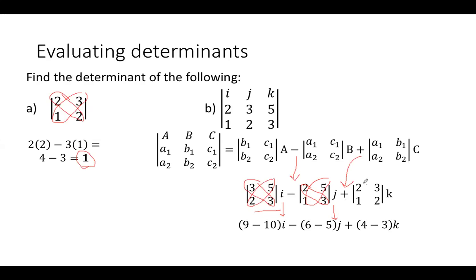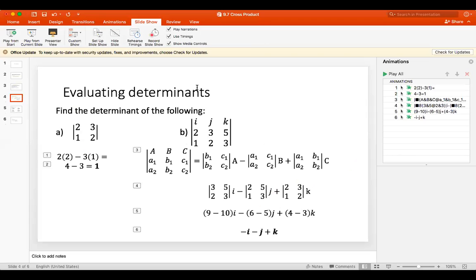Plus 2 times 2, minus 3 times 1, so 4 minus 3, times k. Your final answer is going to have i, j, and k. 9 minus 10 is negative 1i. Minus 6 minus 5 is 1j. Plus 4 minus 3 is 1k. Final answer.